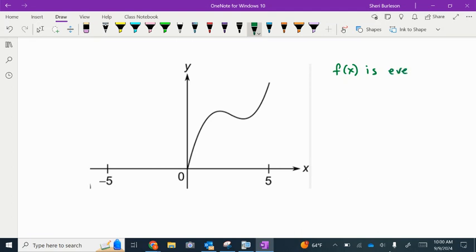Even, okay. Again, I care about the shape. Did you get something like that?